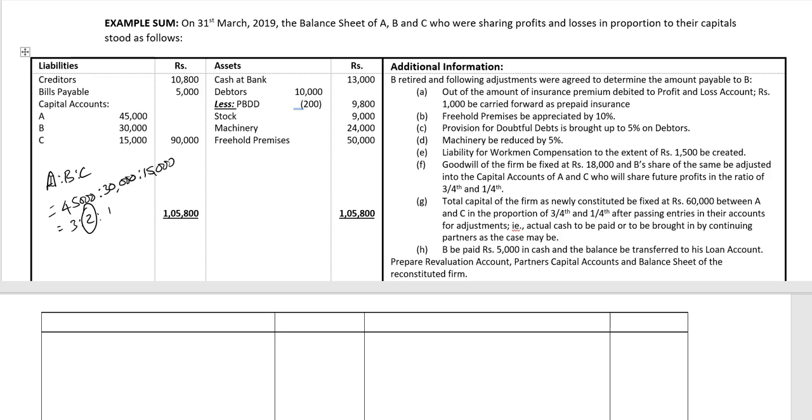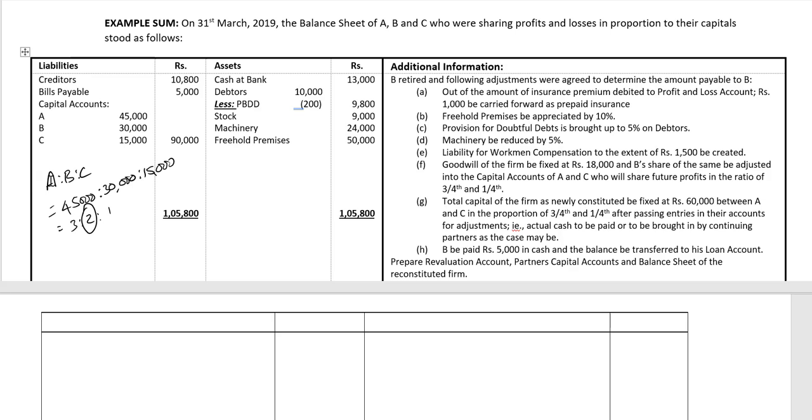Further, the G subdivision says the total capital of the new firm is to be fixed at ₹60,000 between A and C in 3:1. So we know that this is the first method of adjustment of capital where the total capital of the new firm is given.